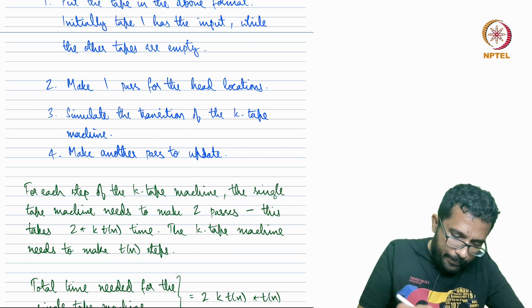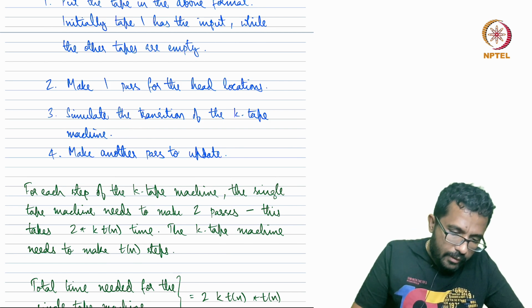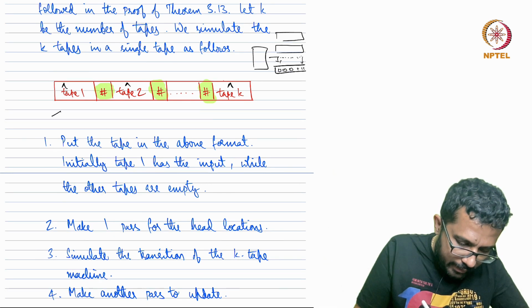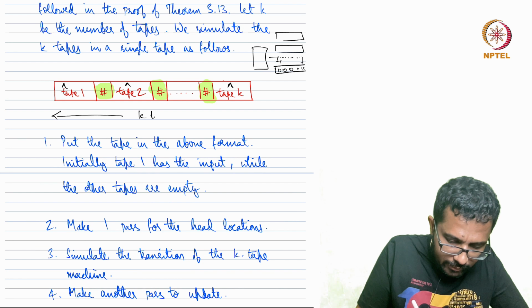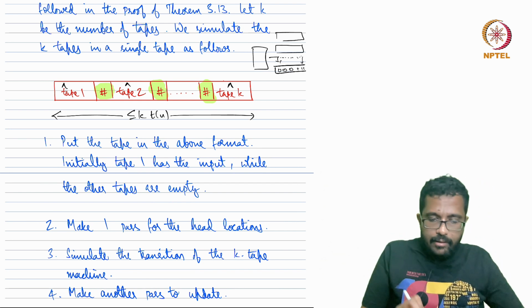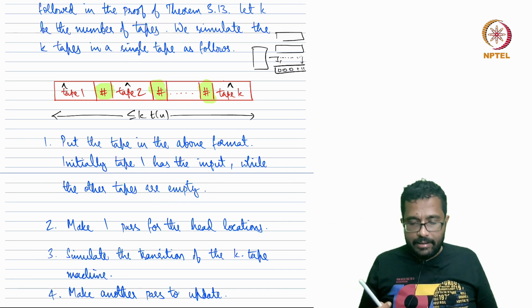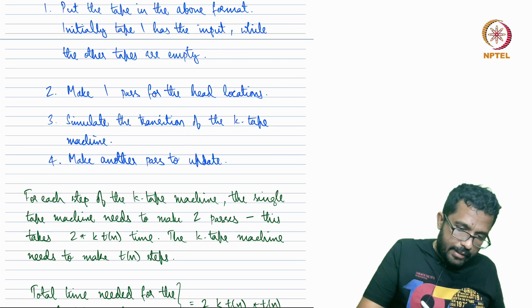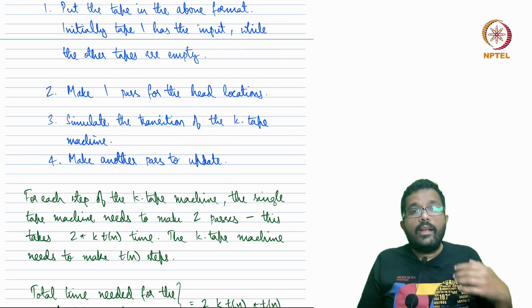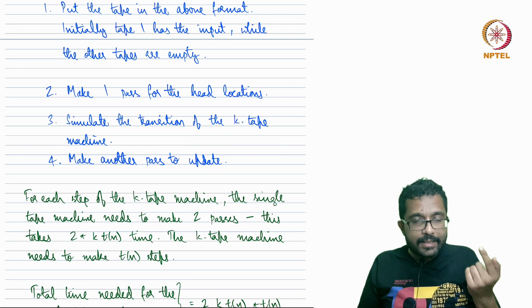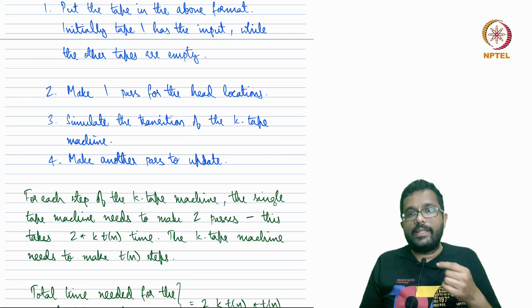So the tape is K times T(n) long, right? So maybe I'll just write that. And to make 2 passes, it takes 2 times K times T(n). All of this is to make just 1 step of the multi-tape Turing machine.